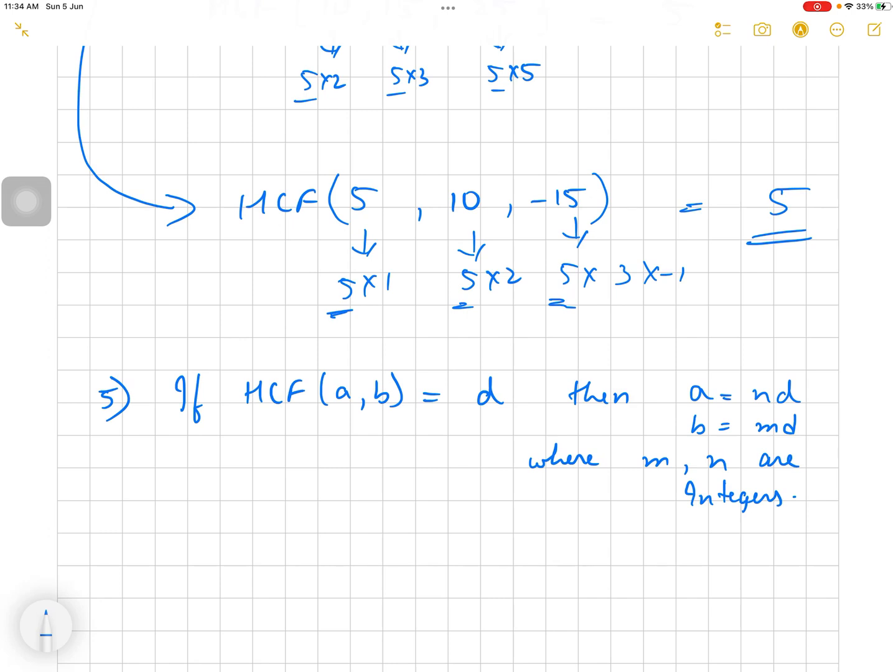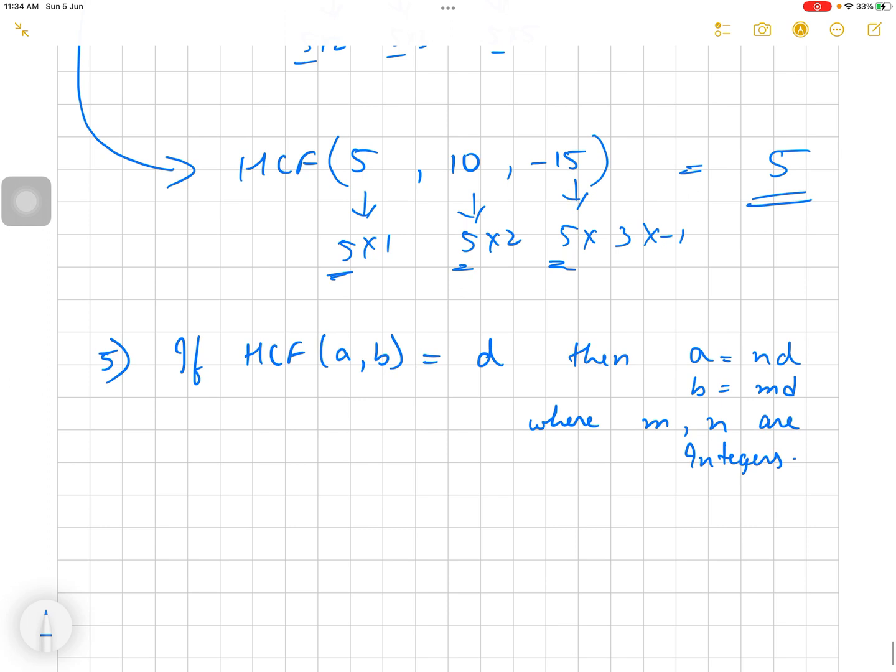Because D is a factor of A and B both, so obviously it would be so. This is not something we don't know, right? What I mean by this is, suppose we are finding HCF of 10 and 15. 10 is 2 into 5 and 15 is 3 into 5.